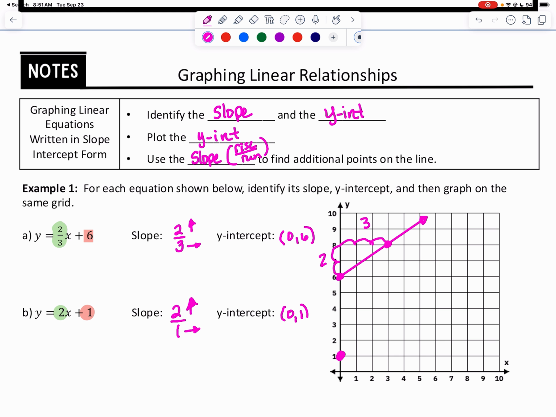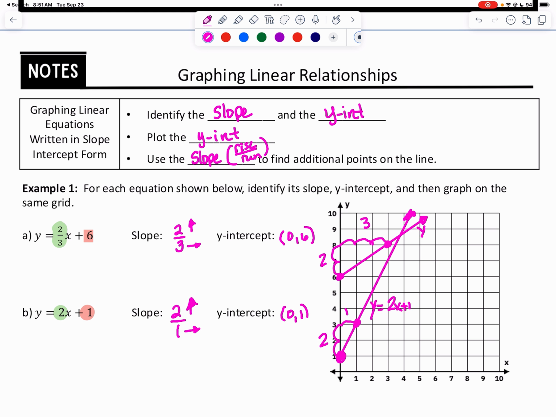From this point of (0, 1), I will move up 2, 1, 2, and then I'll move over 1, and I'll land right here. Now I will connect these points. So we're going to have a line looking something like that. This line was y equals 2x plus 1.